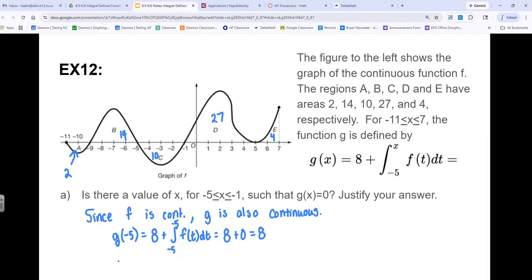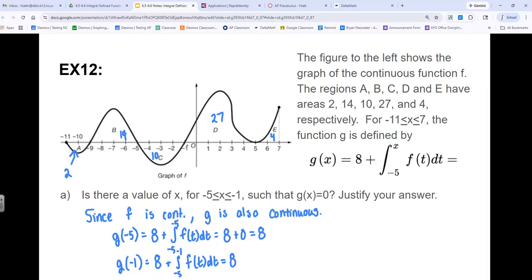All right. Then we need to find G of negative 1. So we've got 8 plus the integral from negative 5 to, we replace that x right there with a negative 1, of f of t dt. So that's going to be 8. And then what is the area under the curve from negative 5 to negative 1 of f of t dt?